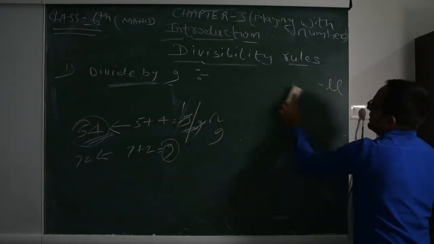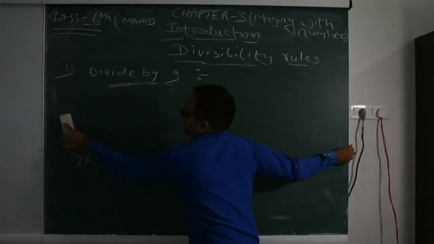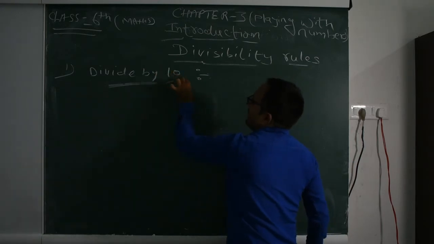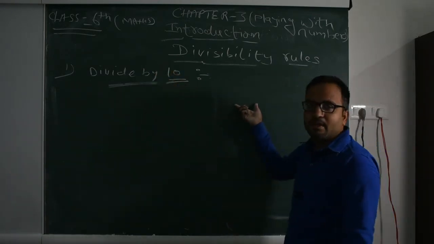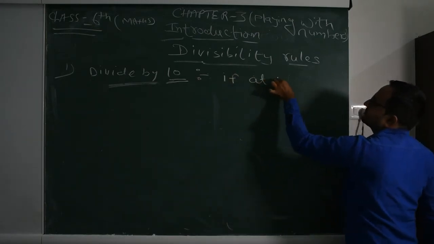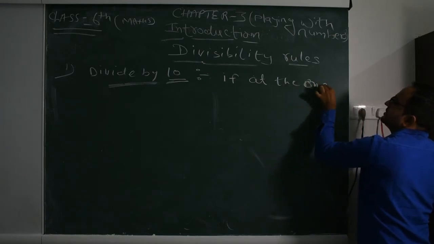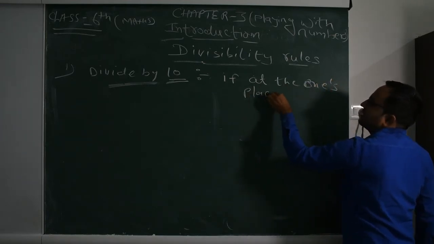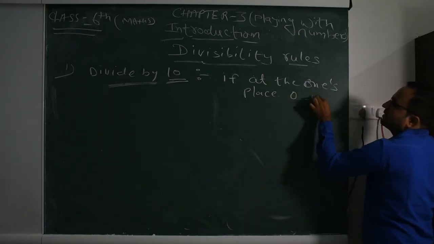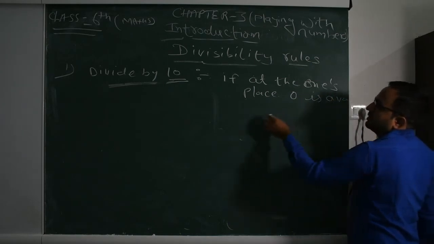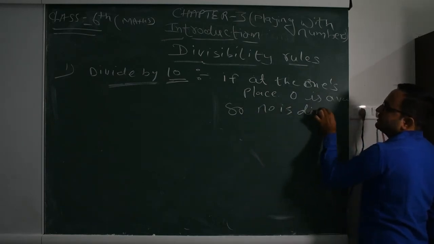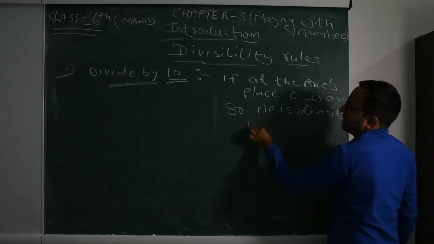Now the divisibility rule by 10. In this concept, it is a very simple concept. If at the ones place the number 0 is available, then the number is divisible by 10.